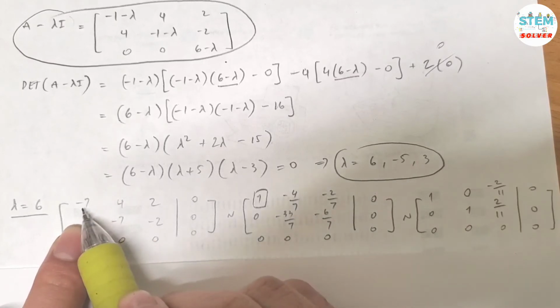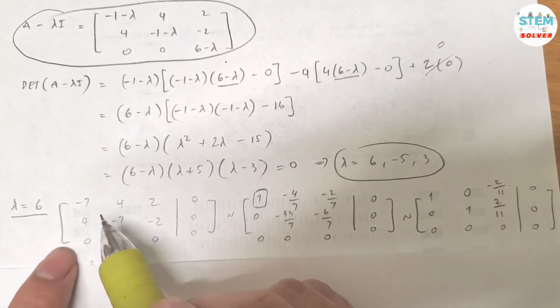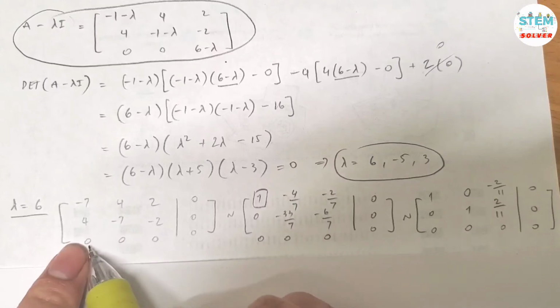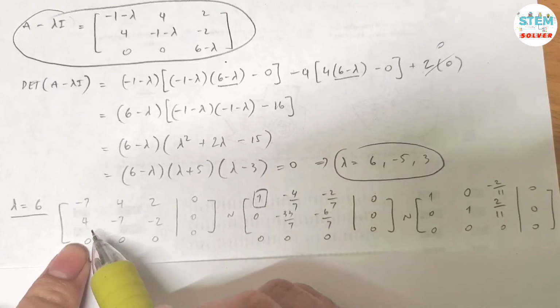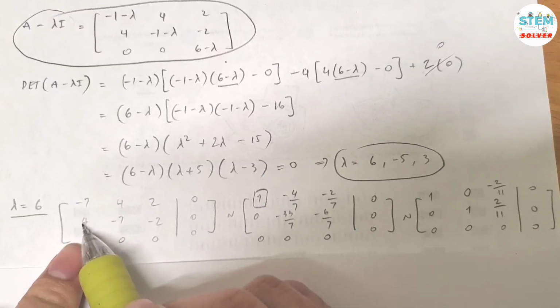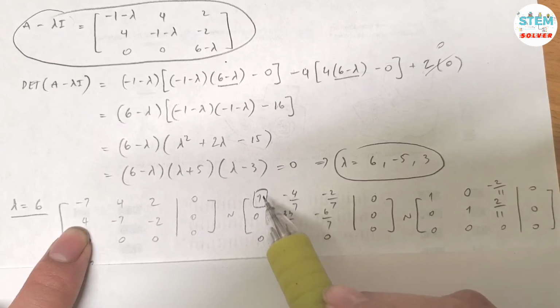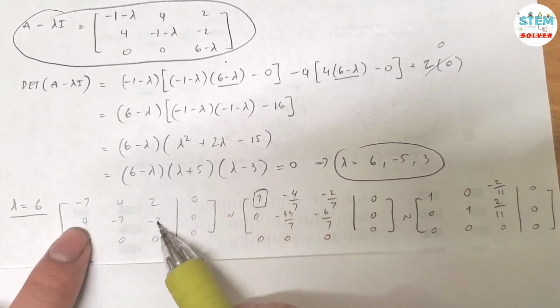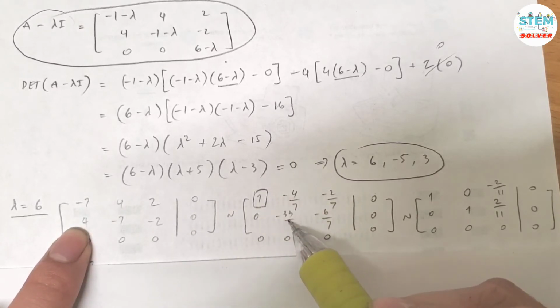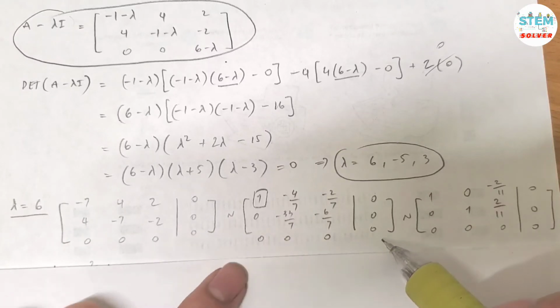First I divide the first row by -7. Then you would rewrite the second and the third rows, but in order to save time, I'm going to make this entry become 0. So after you divide this by -7, you will get this. Multiply this by -4 and add it onto this row. You will get 0, -33/7, -6/7, and the last row rewrite it.